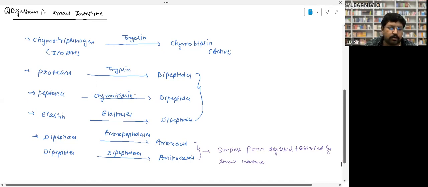Peptones are broken down into dipeptides by chymotrypsin. Elastin is broken down into dipeptides by elastases. Dipeptides are broken down into amino acids by aminopeptidases. Amino acid is the simplest form, and it is absorbed by the blood vessels.